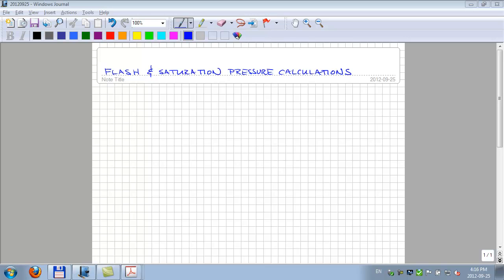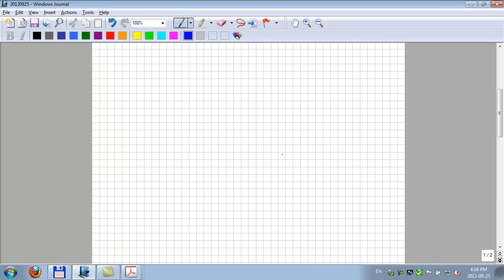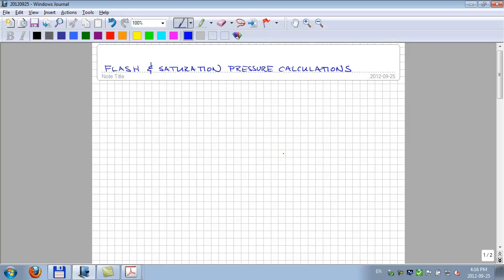In addition, we rushed through the equations for a saturation pressure calculation, bubble point pressure and dew point pressure, so we'll also do something on that. Are there any questions before we get started?